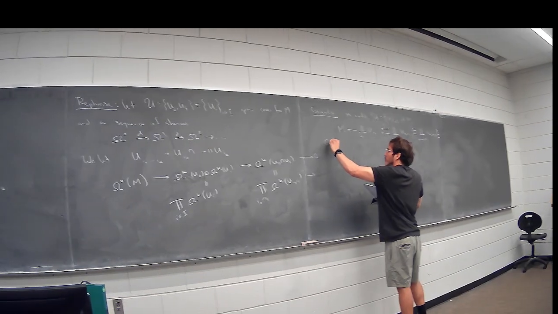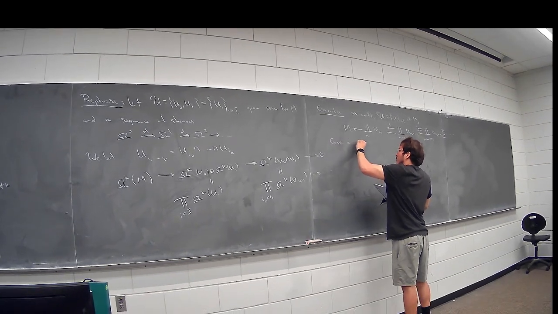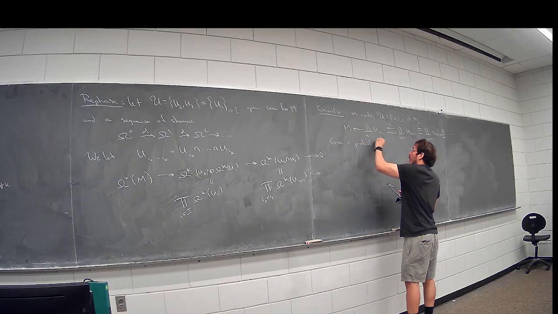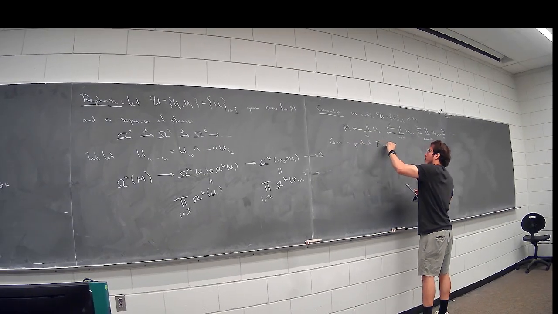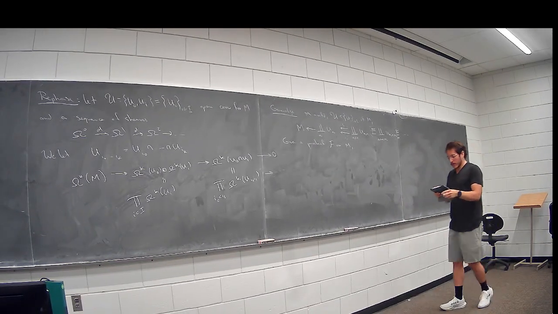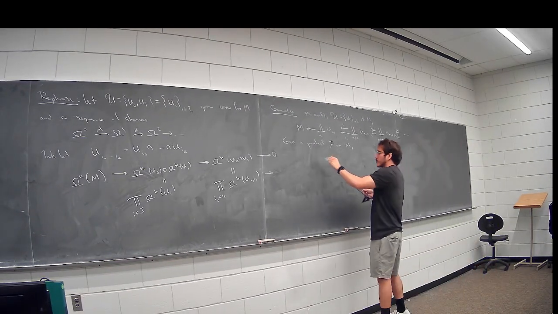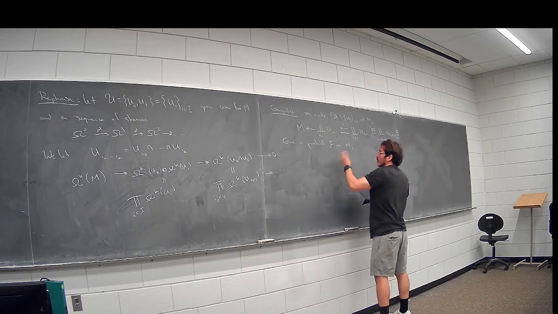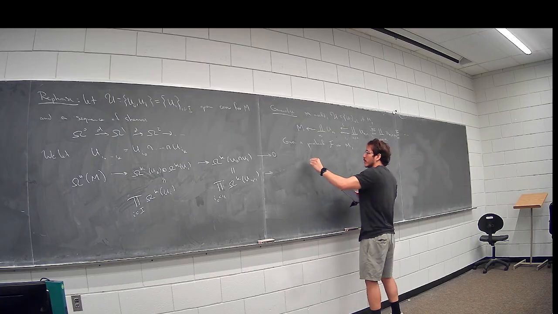And now that I have this whole thing, now given a pre-sheaf F on M, I can apply my pre-sheaf to get, the other way, a sequence in the other direction. Pre-sheaves often take values in groups or rings or whatever.